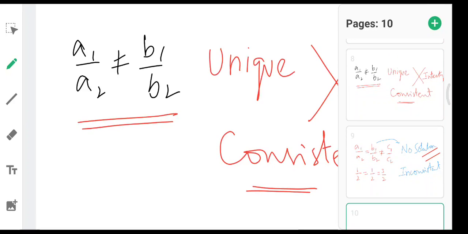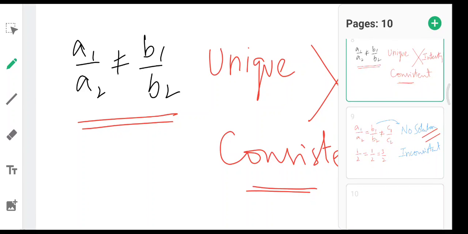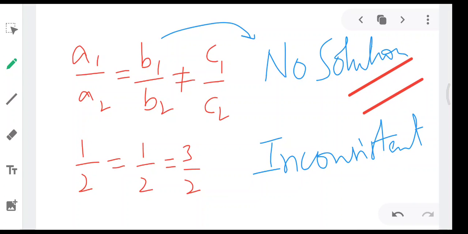First condition we got a1 by a2 is not equal to b1 by b2, and it had a unique solution. The second one we got a1 by a2 is equal to b1 by b2 is not equal to c1 by c2, and it had no solution, lines were parallel, and it was called inconsistent.